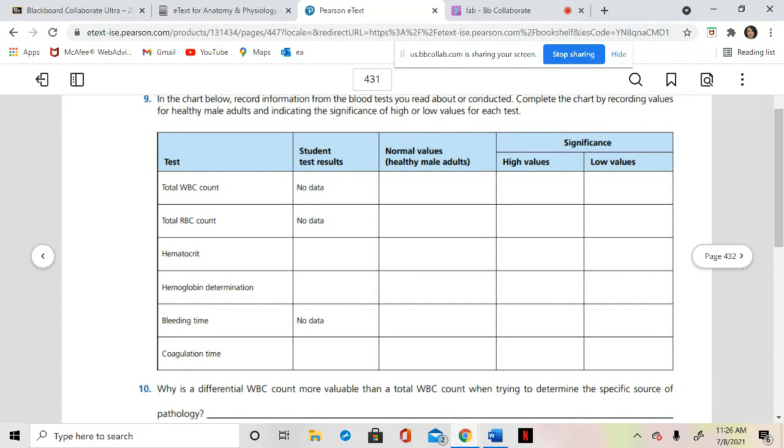Coagulation time is between 2 and 6 minutes. So higher than that means hemophilia, leukemia, increased clotting time, and less than that, it means thromboembolic disorder.